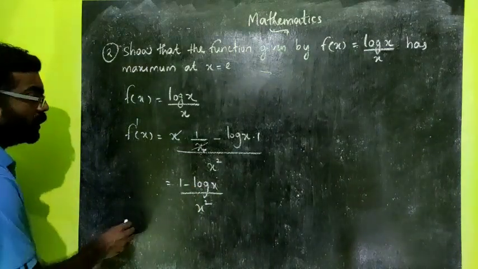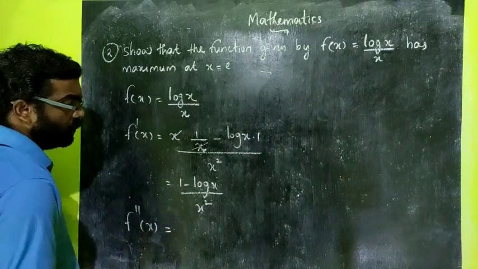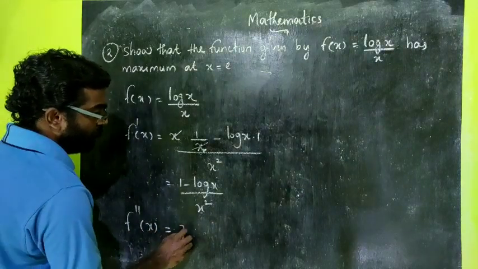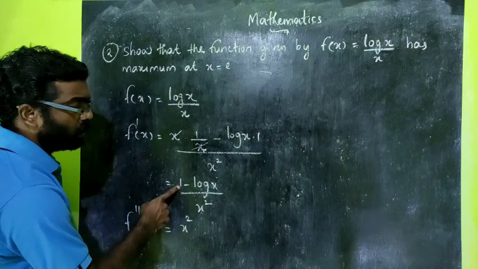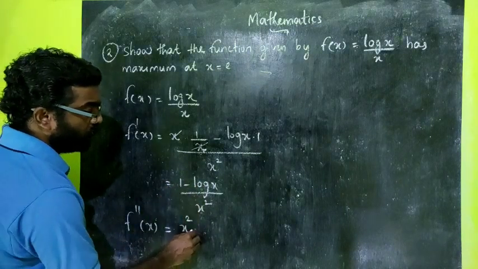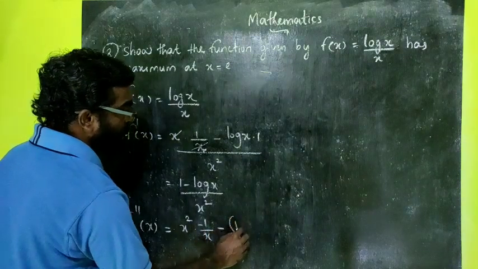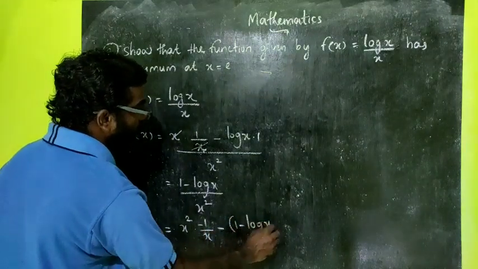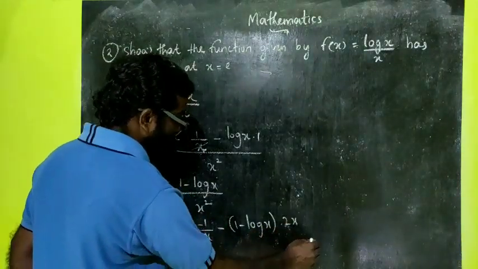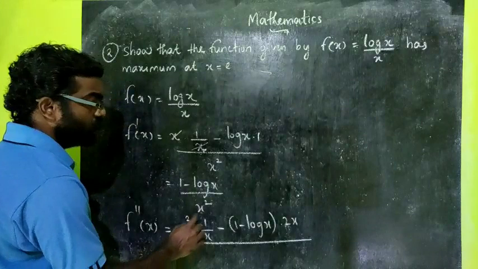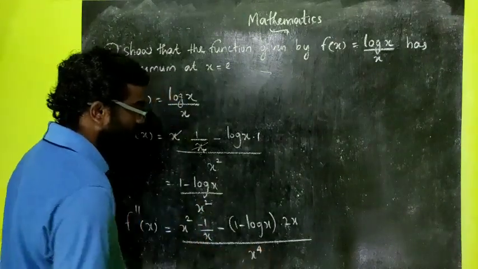Now we can find the second order derivative f double dash of x equal to, here also quotient rule. So x square into derivative of numerator, derivative of 1 is 0, then minus log x, so minus 1 by x. Then minus numerator 1 minus log x into derivative of denominator, x square derivative 2x, whole divided by square of the denominator, x square the whole square, that is x power 4.